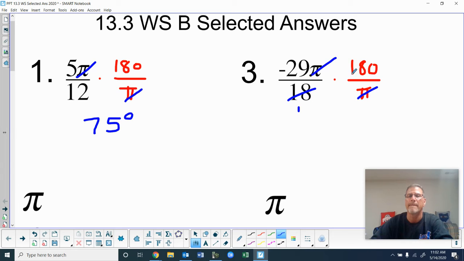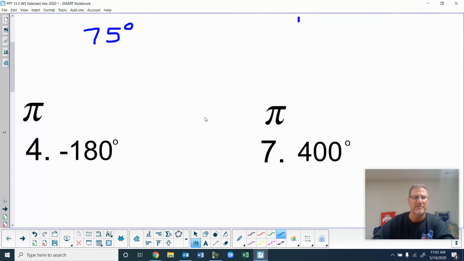That's a 1, and that's a 10 now. And all I have to do is multiply negative 29 times 10, which means all I have to do is add a 0. So it's negative 290 degrees. All right. So again, don't forget your negative sign, little details there. So that was changing from radians to degrees.